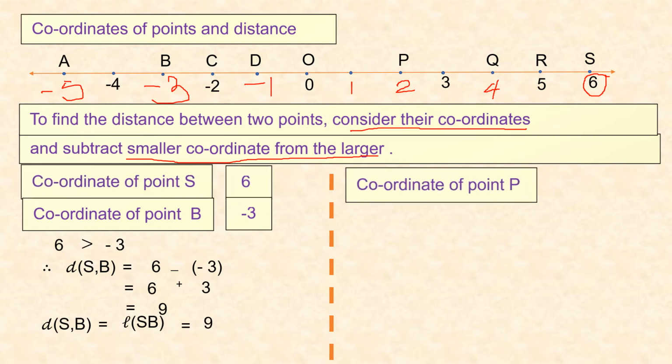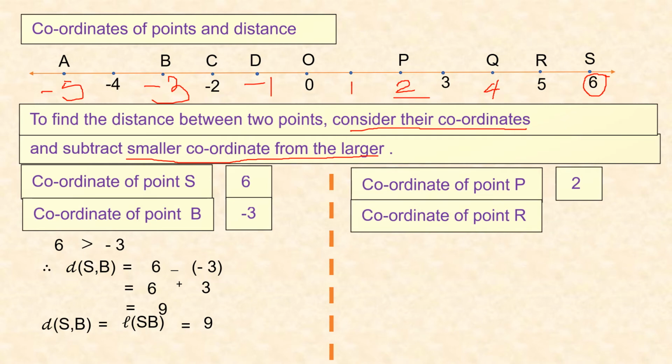We take another example. Coordinate of point P is 2. Coordinate of point R is equal to 5. Compare these two coordinates, 2 and 5. 2 is smaller than 5.